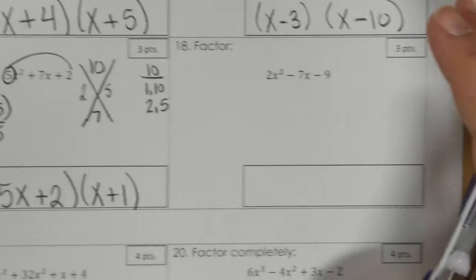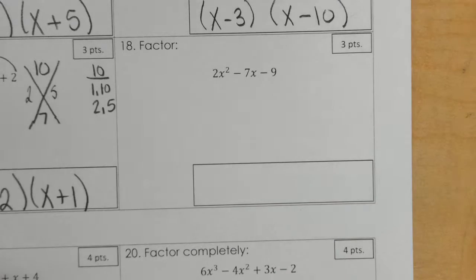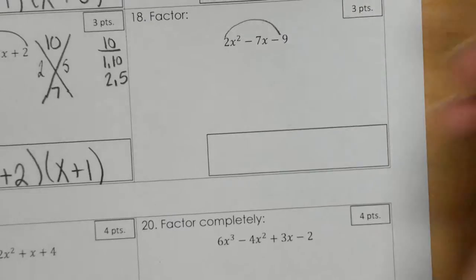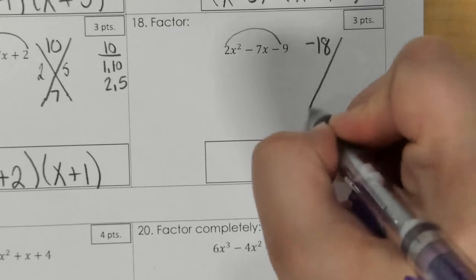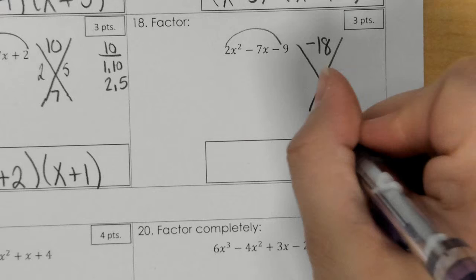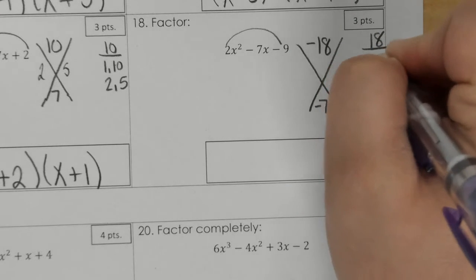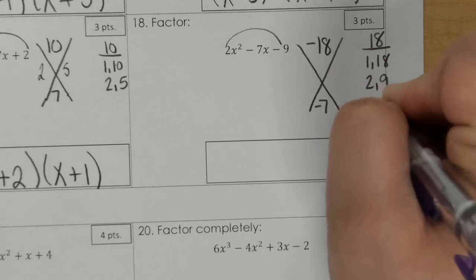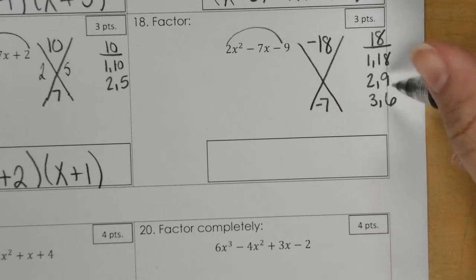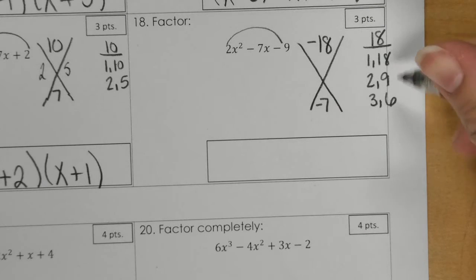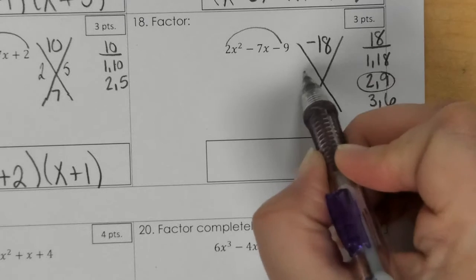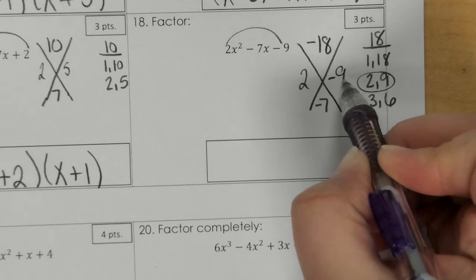In number 18, again, this is bottoms up. So I'm going 2 times negative 9 is negative 18. I'm trying to get to negative 7. So the factors of 18 are listed. Which one of these can get to a negative 7? Well, 2 and 9 can, if we make 9 negative.